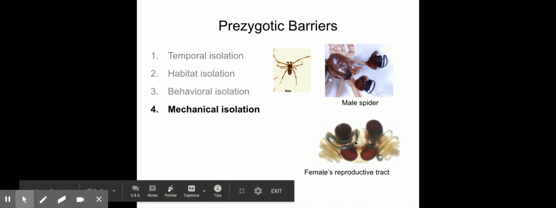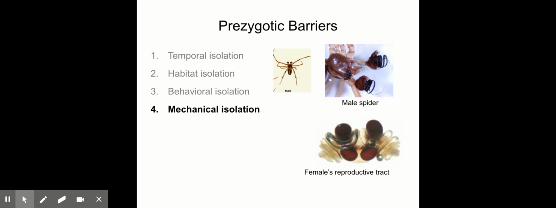This is a dissected female reproductive tract, which looks like a black widow female's. Notice the female reproductive tract has loops, and at the end of that, that's where she's receiving the sperm from the male. So his pedipalp has to fit perfectly with her reproductive tract in order to successfully transfer sperm.